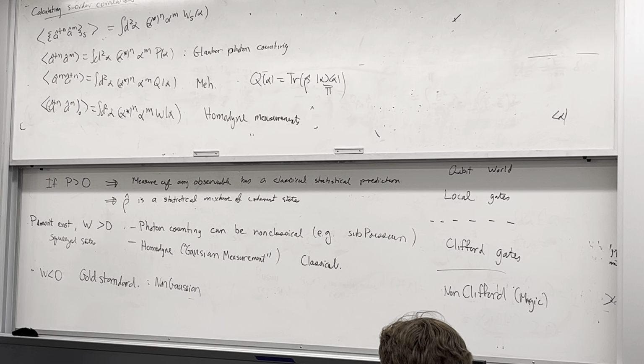Now I have the final question for you. Suppose now, instead, I put in squeezed vacuum, or squeezed coherent state if you like, into each mode, and now I have a linear optical network.